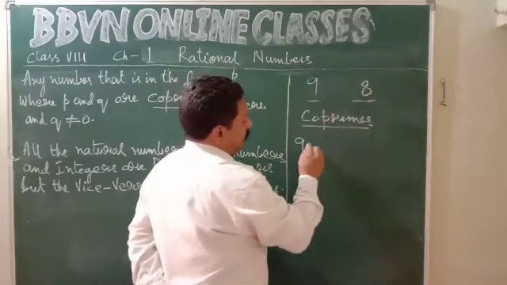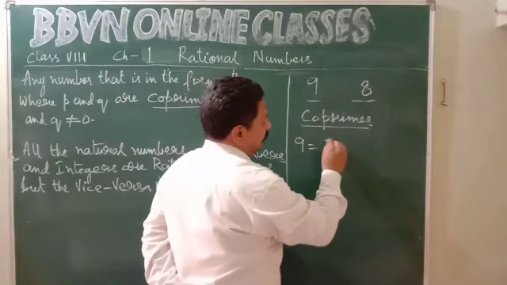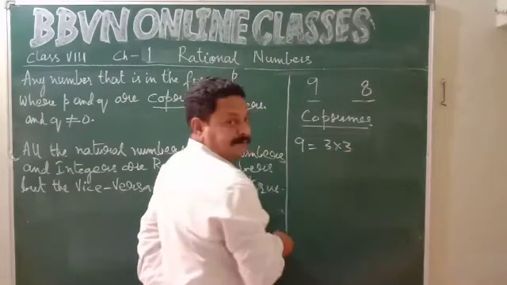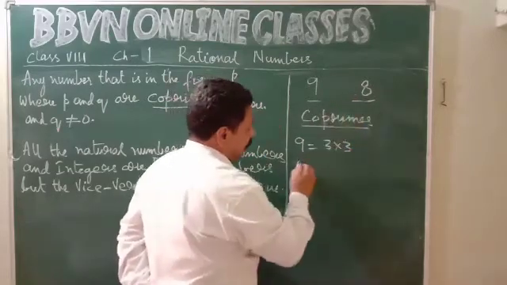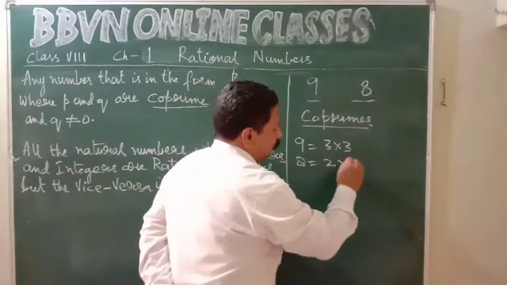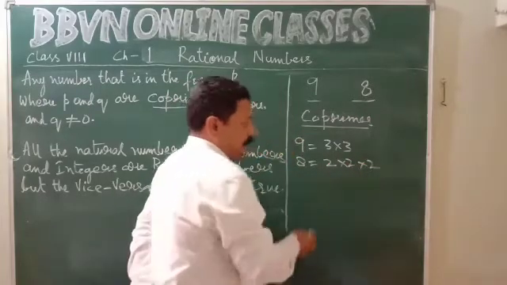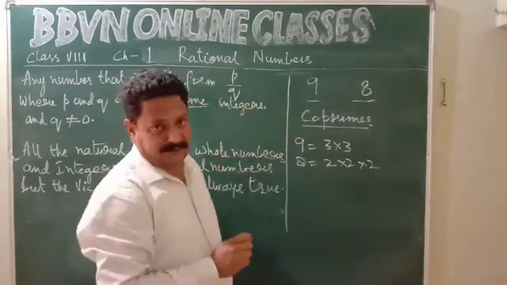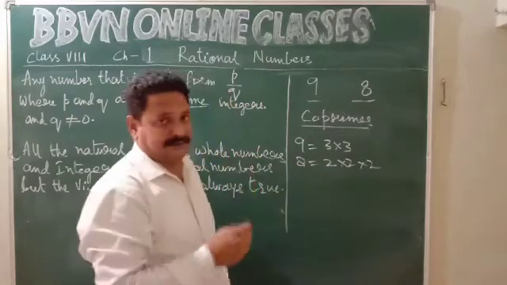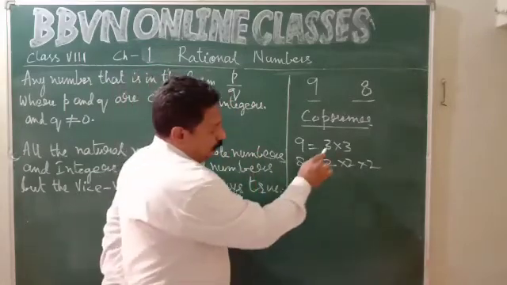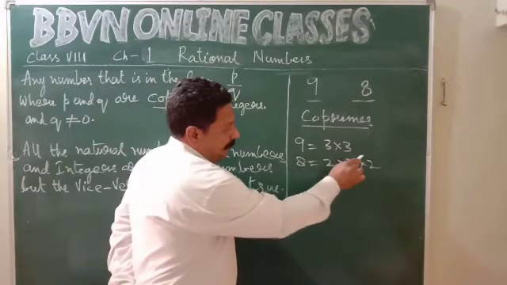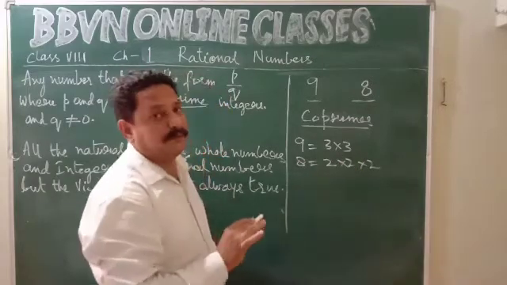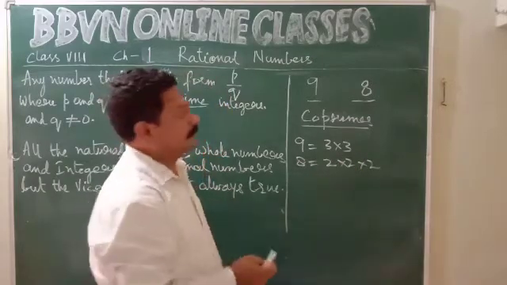What are the prime factors of 9? 3 into 3. What are the prime factors of 8? 2 into 2 into 2. You have the prime factorization of 8. You have the prime factorization of 9. So do you find any common factor? No, we do not find any common factor.